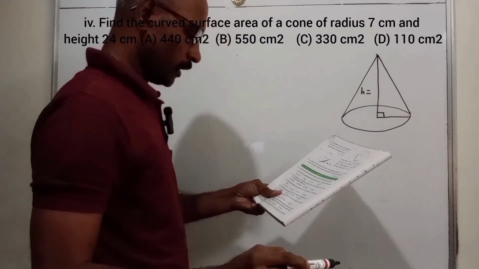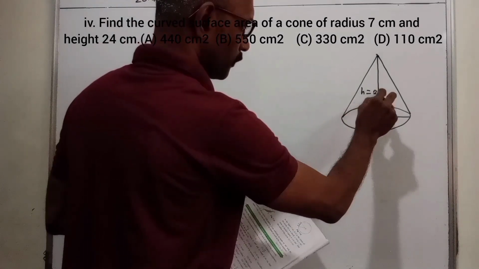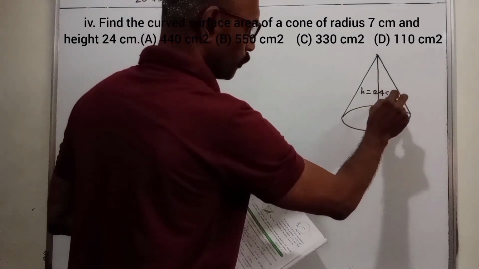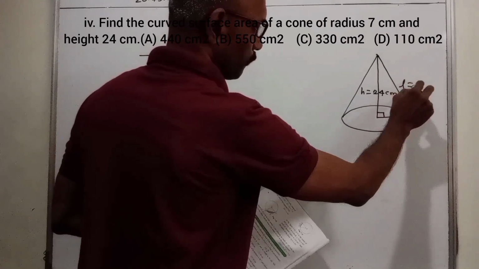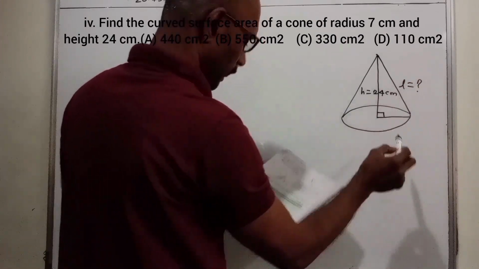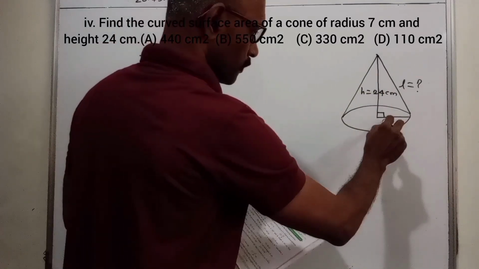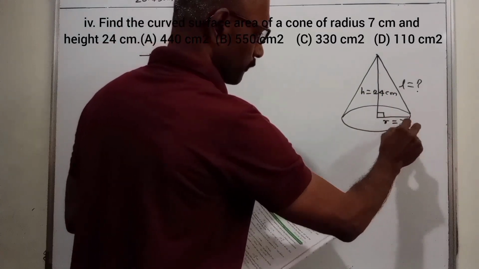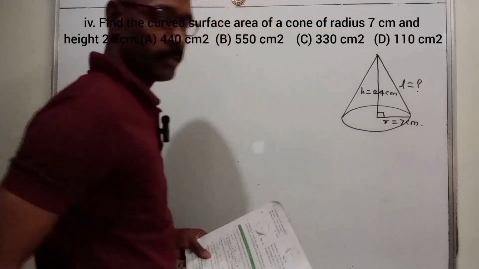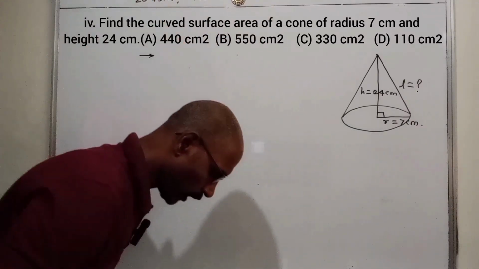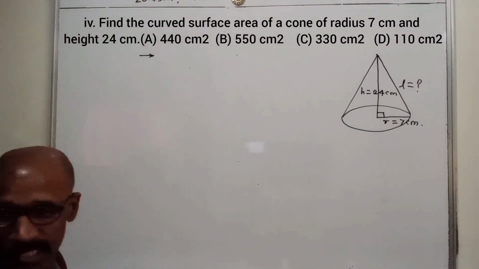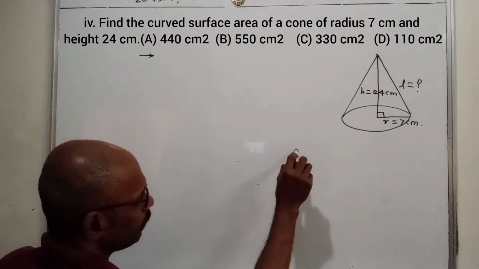H, height is given 24 centimeter. We don't know slant height L and radius of a base is 7 centimeter.